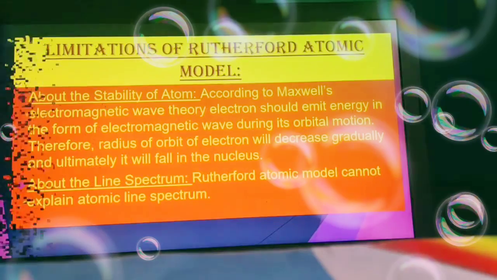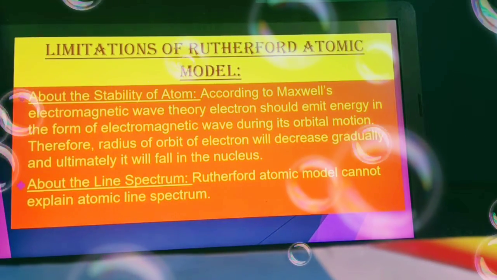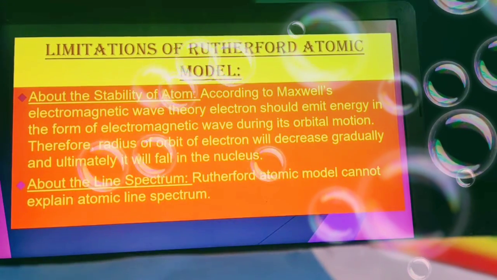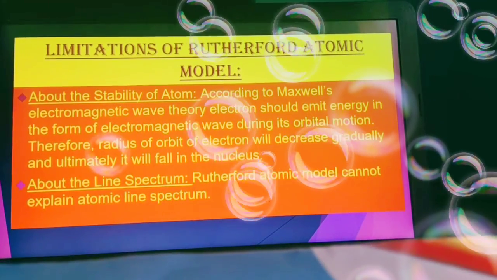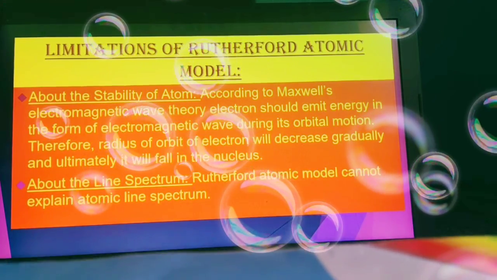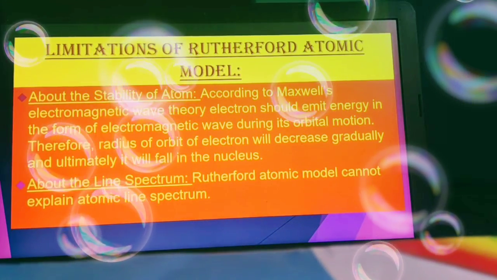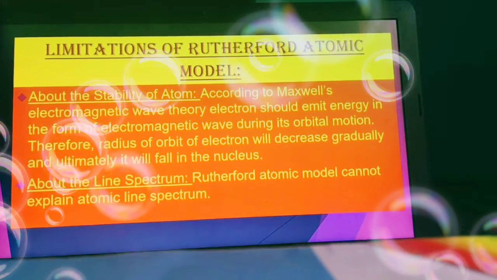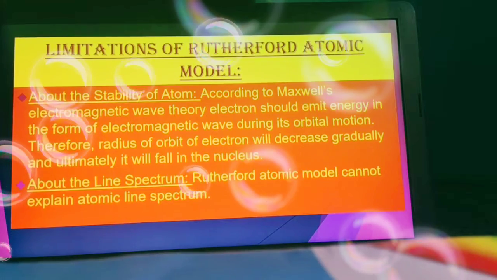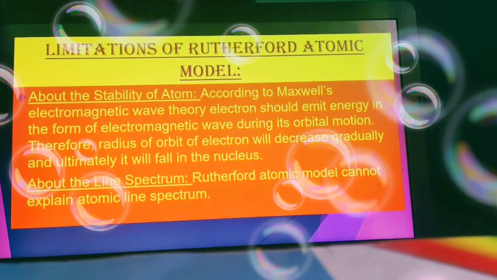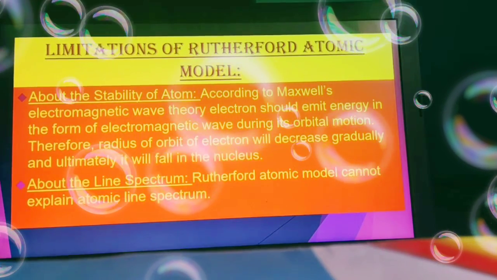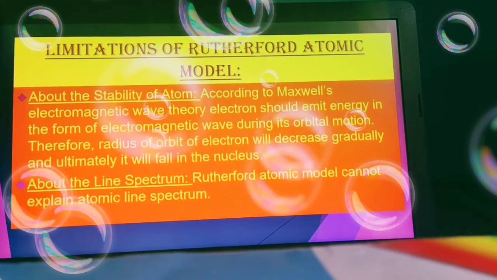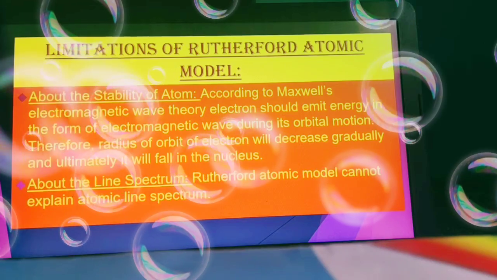The next one is limitations of Rutherford atomic model. First limitation is it could not explain the stability of atom. That means we know that according to the Maxwell electromagnetic wave theory, electron should emit energy in the form of electromagnetic wave when it is moving in an orbit.